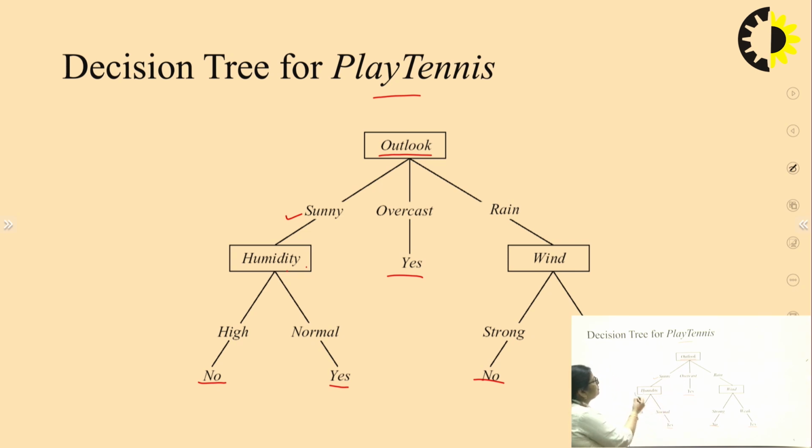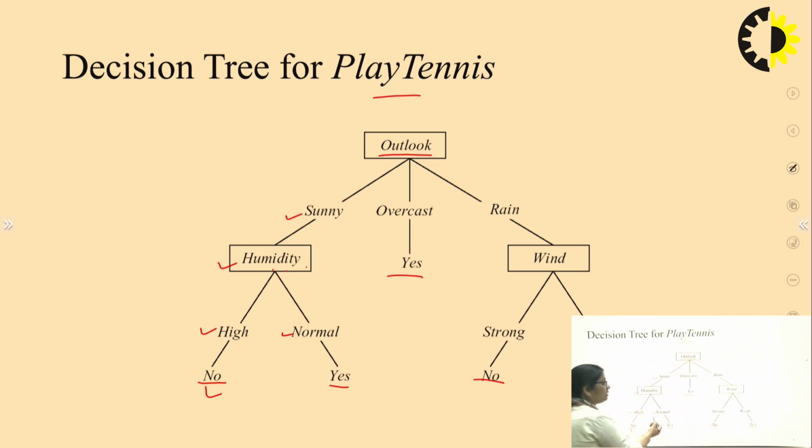So the attributes are mentioned on the internal nodes, decisions are mentioned on the leaf nodes, and each branch going out from an internal node is labeled with the possible values. For humidity we have two possible values, high and normal.